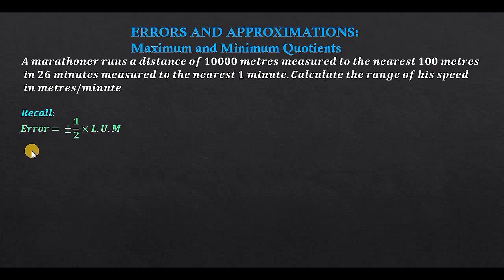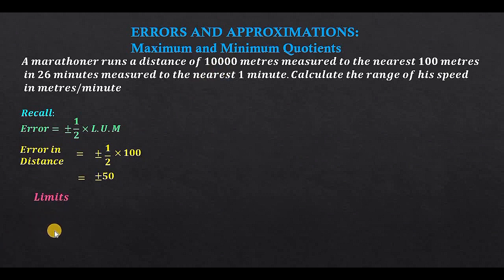So we can begin by getting the error in distance, and that is plus or minus a half times the least unit of measurement, which we had seen is 100. So we multiply by 100, and that gives us plus or minus 50. Now we can use this to determine the limits of the distance, that is 10,000.